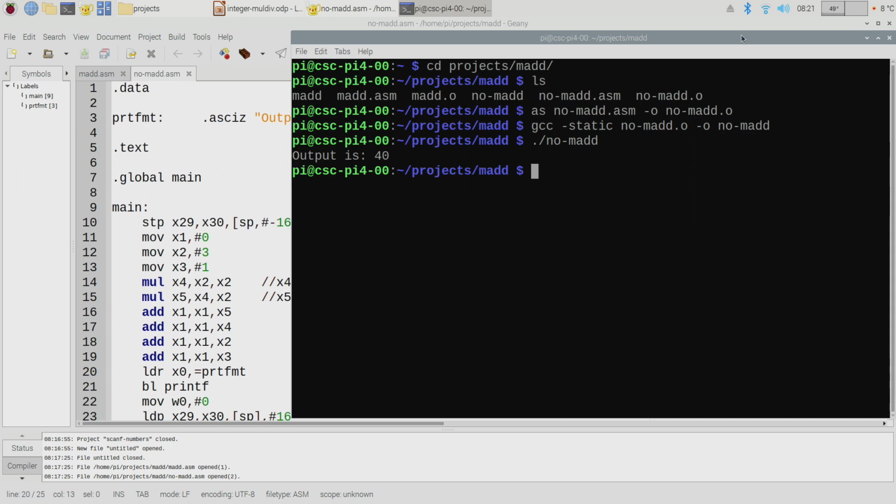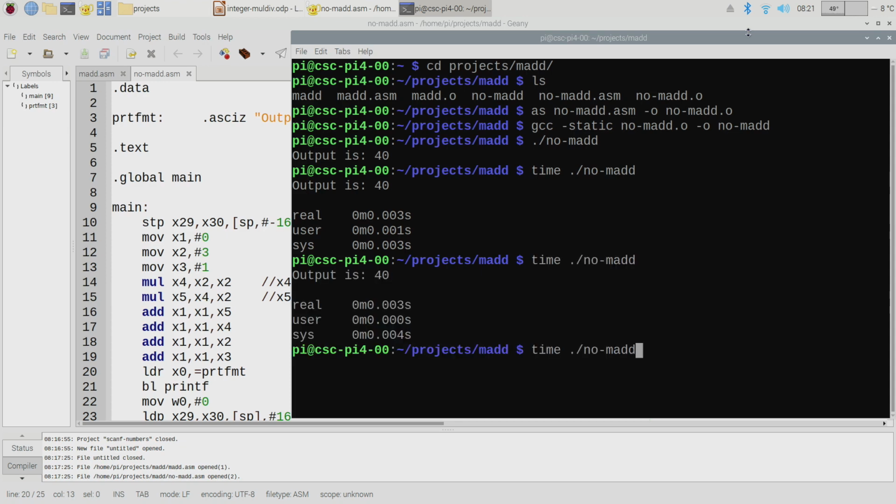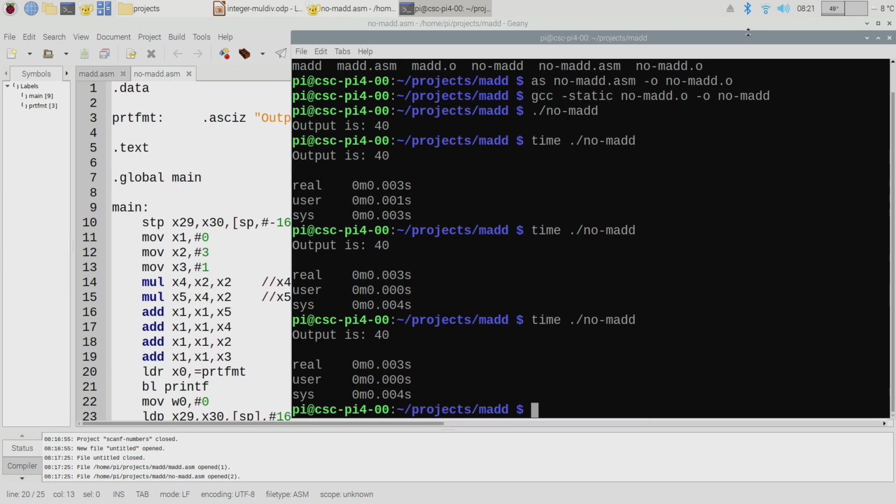But what I want to think about is how long it took to run this. There's one way we can determine that, and that's to run this command. Let me do it a couple of times for the sake of demonstration. It tells us that it took roughly 3 milliseconds to execute that program.